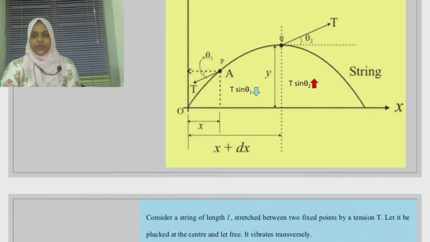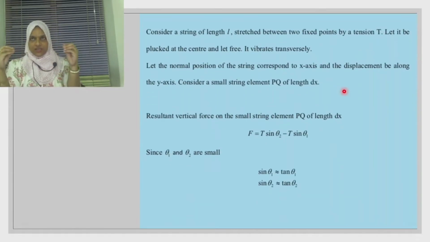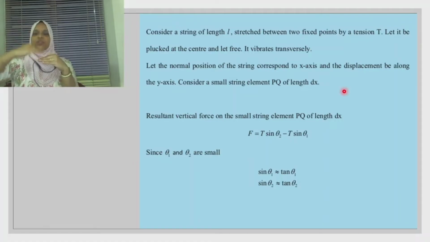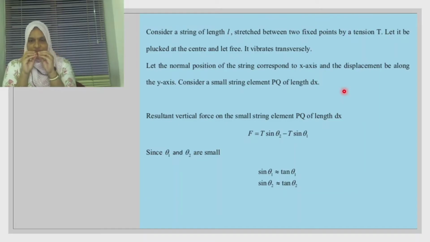If you consider the string which is stretched and the tension is uniform throughout the string, and if you pluck at the center and let it free, it will vibrate along this direction. Then a wave will be propagating along a perpendicular direction. So we are considering the small length dx. What will be the resultant vertical force?